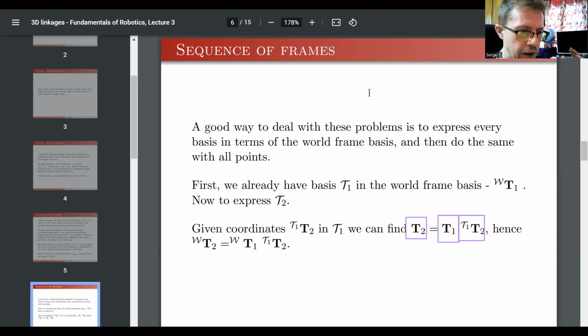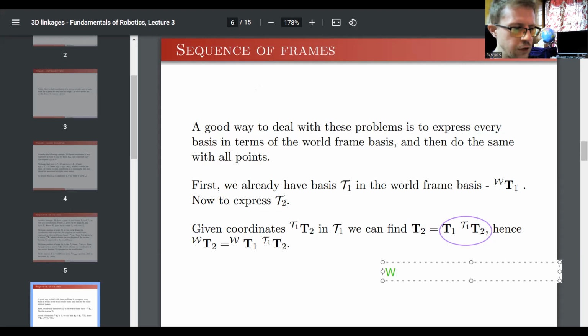Let me clear everything. We can multiply this whole thing by the omega basis, right? What is the basis in omega? Well, omega is a basis in omega. So we can multiply by omega transposed this expression on the left, on the right.